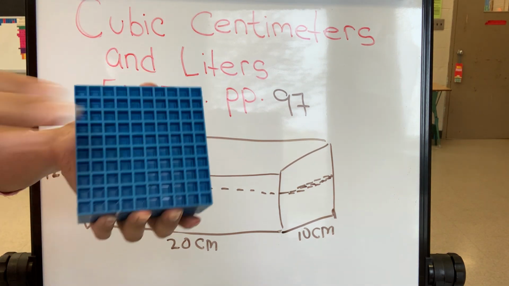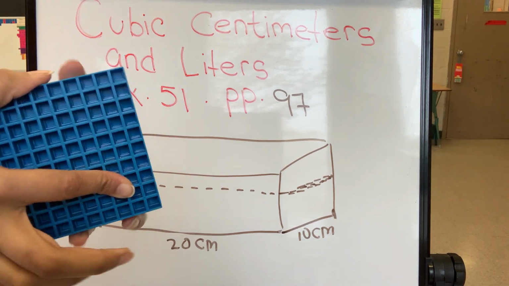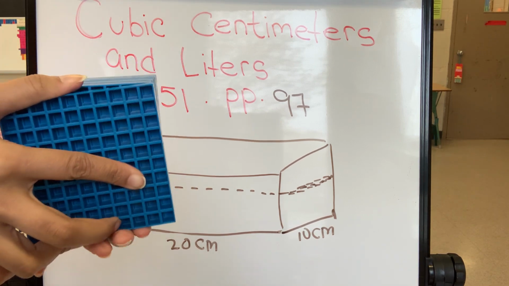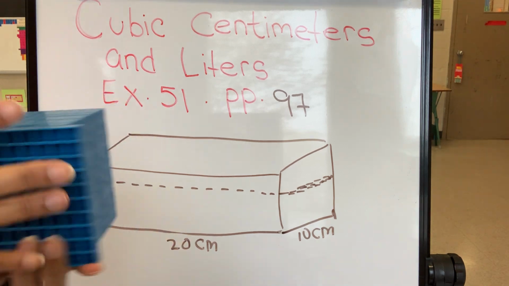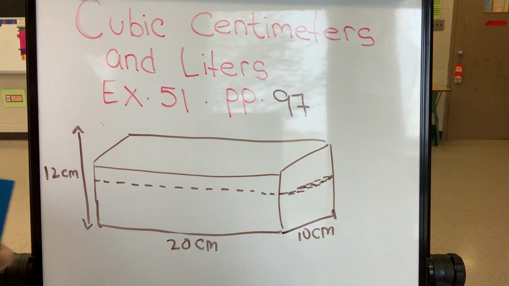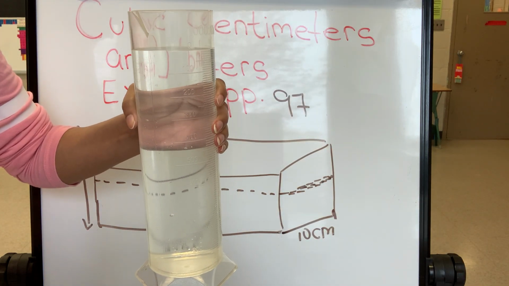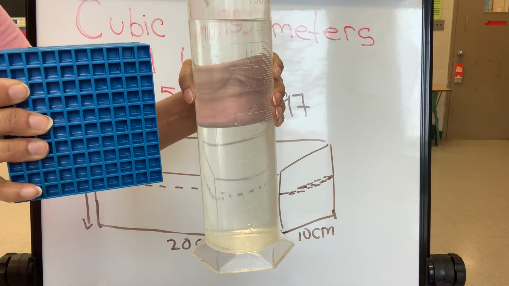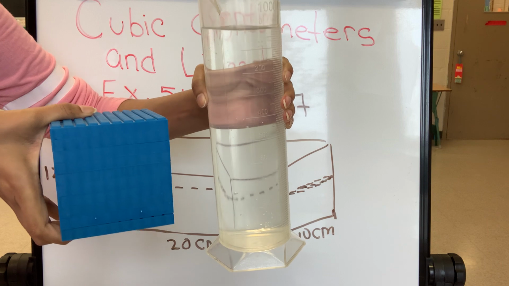So that means all together, these sets of cubes, which are cubic centimeters, they're all 1 centimeter, they could hold this amount of water. Isn't that crazy? 1,000 milliliters can go into these tiny cubes. Isn't that crazy? Look at the size.